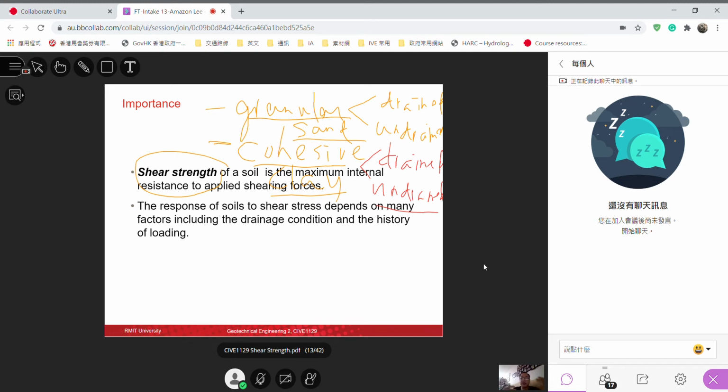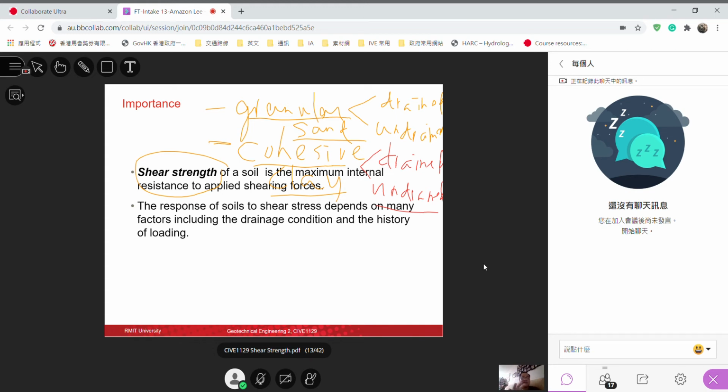Compared to the permeability of the soil, to determine is the soil under loading under drained condition, where the pore pressure has the chance to dissipate away from the soil particle during loading, or undrained condition. That means the loading is applied relatively fast compared to the dissipation of pore pressure.